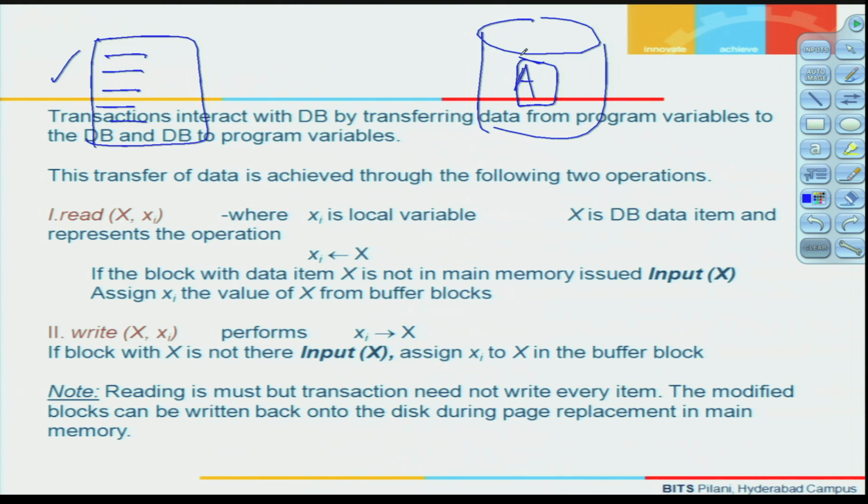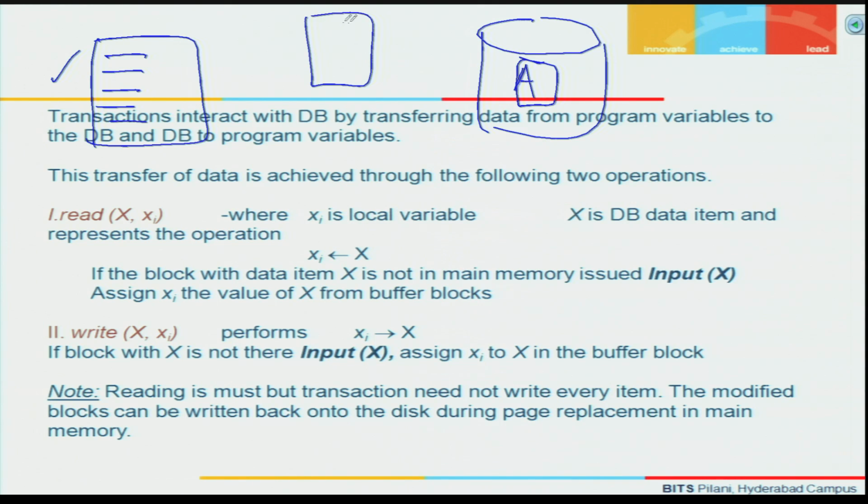Then when it is time to process it, the application program needs to bring that data block from the disk onto the main memory, and from this main memory, that is the buffer, it has to read the data item into a program variable which is very much local to the program.